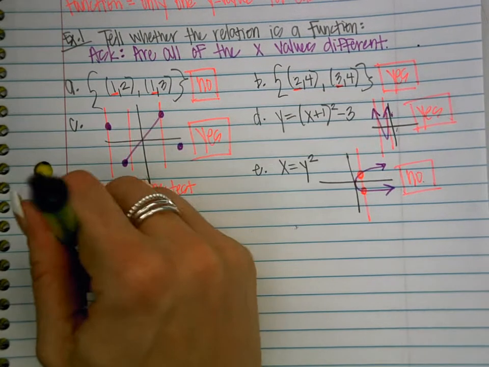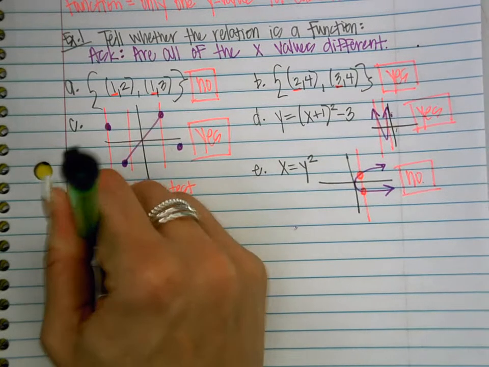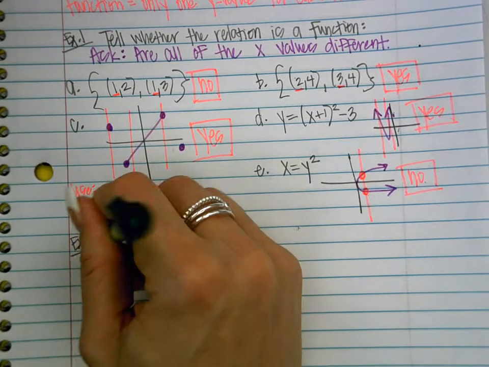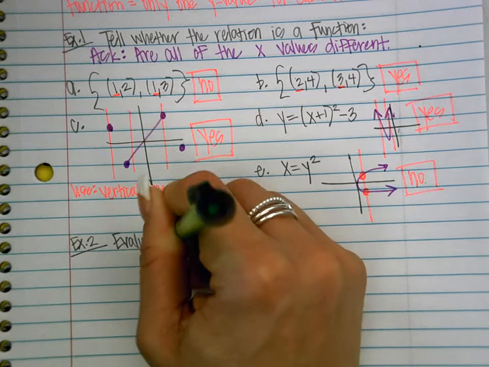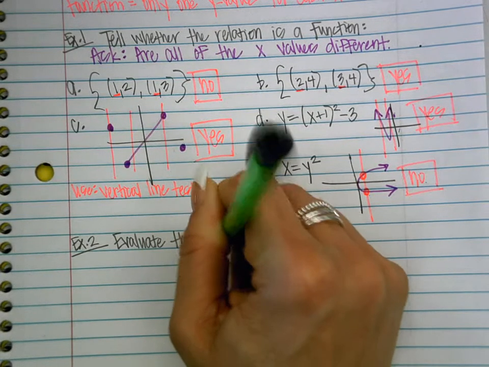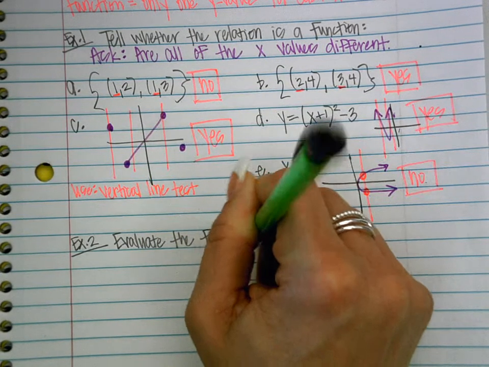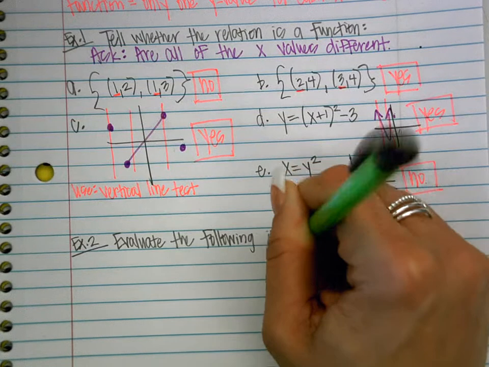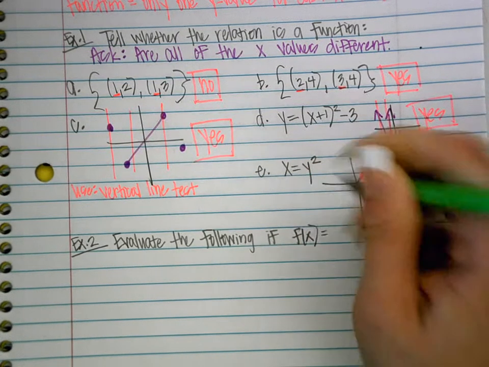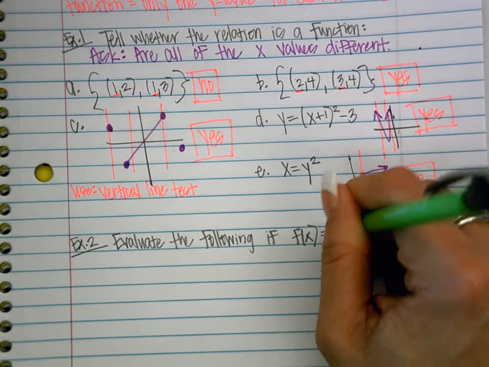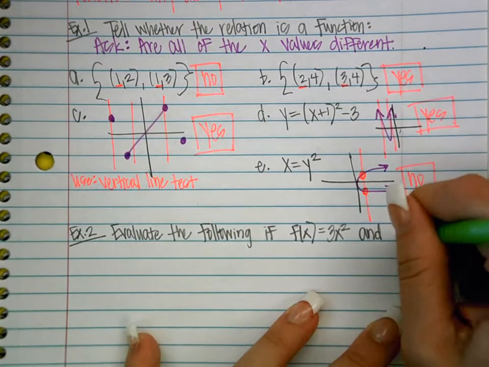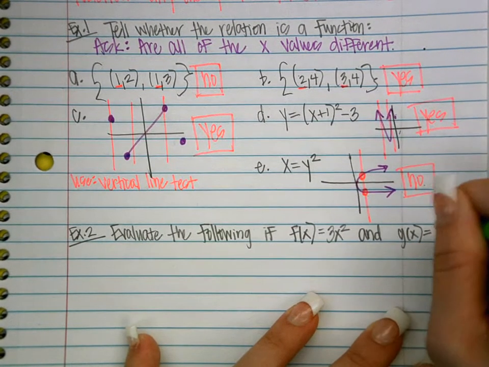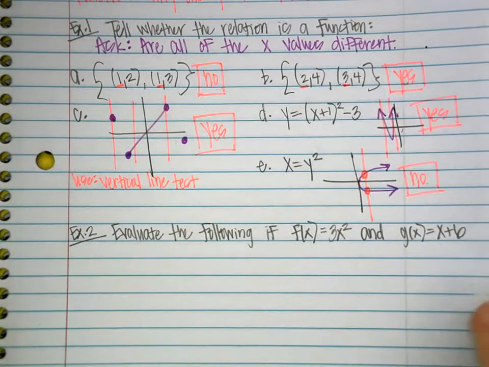The next thing you're going to do is, for example, number 2, I would like you to evaluate the following. If f of x equals 3x squared and g of x equals x plus 6.